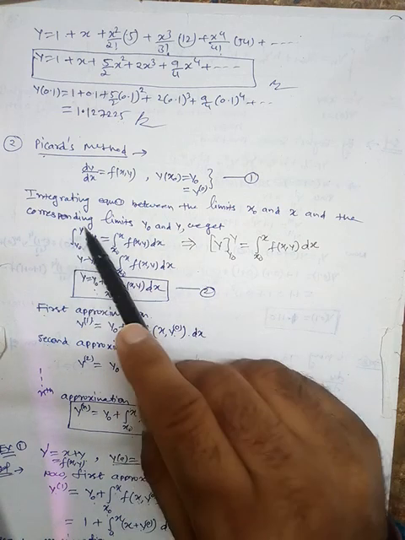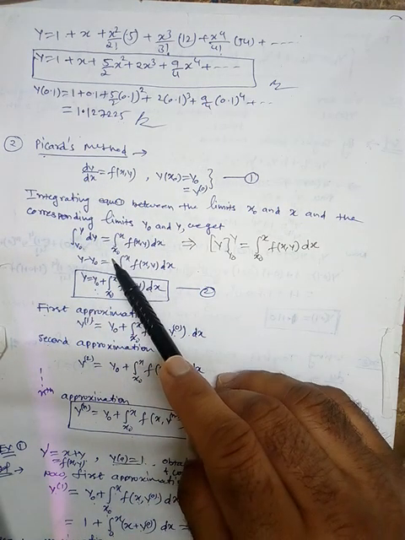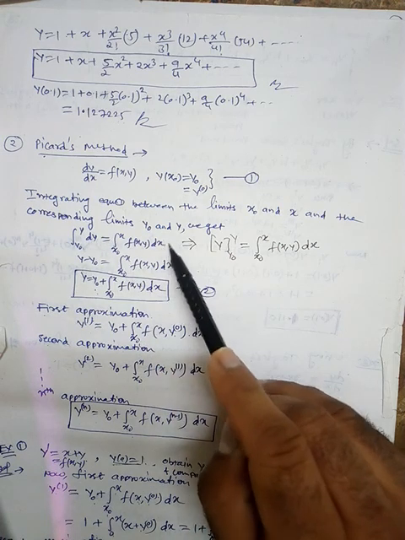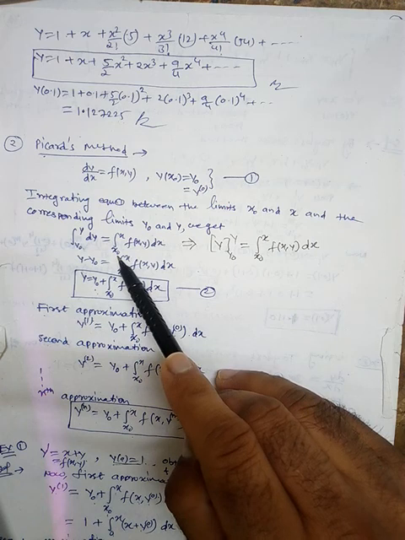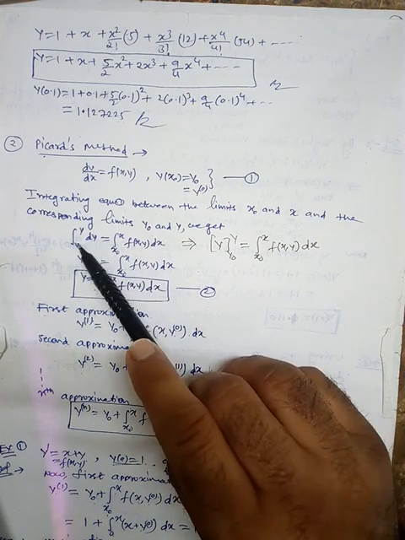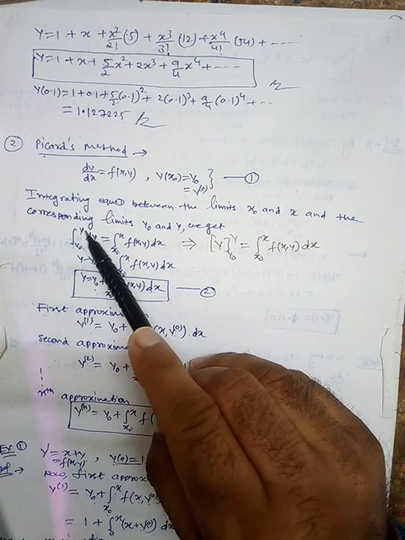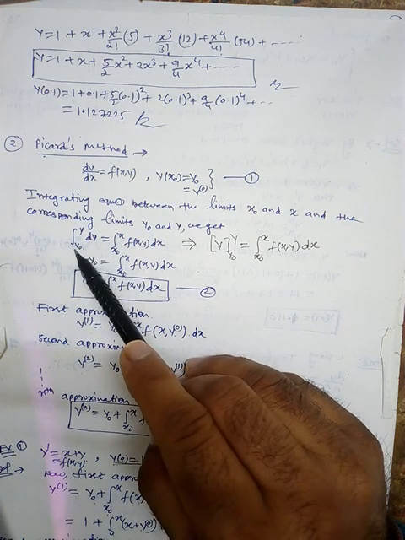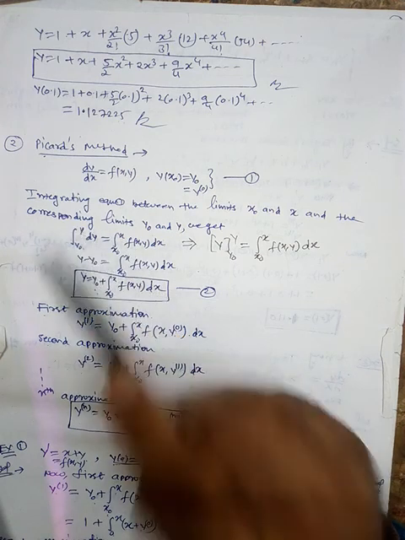So since we are differentiating with respect to x, the limit is x0 to x. On the other side we have dy, so the corresponding limit is y0 to y. Fine.